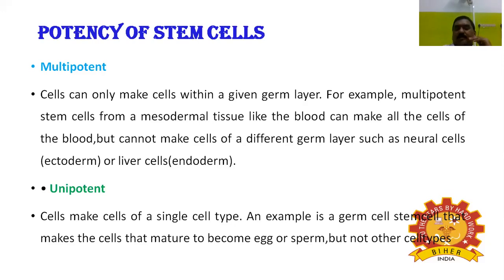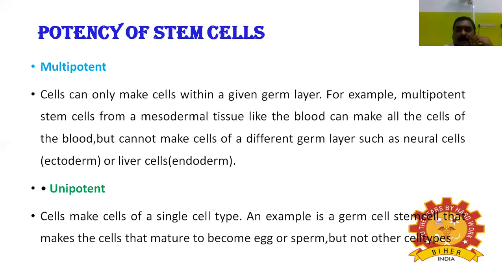For example, the stem cells from mesodermal tissues like blood can make all the cells of the blood, but cannot make cells of a different germ layer, such as neuronal cells of ectodermal origin, or liver cells of endodermal origin. So multipotent cells can give rise to a part of the cells, which is a part of organs, etc. And unipotent cells make cells of a single cell type.